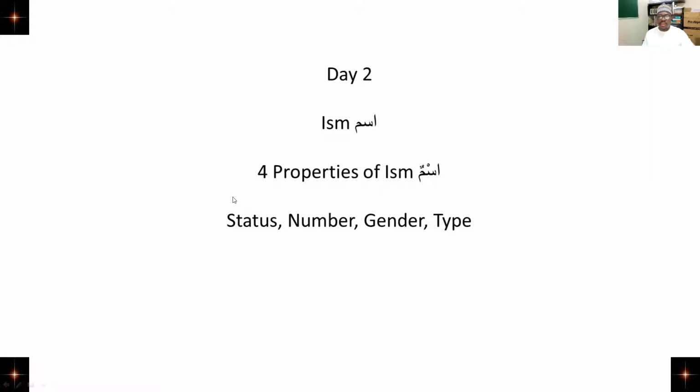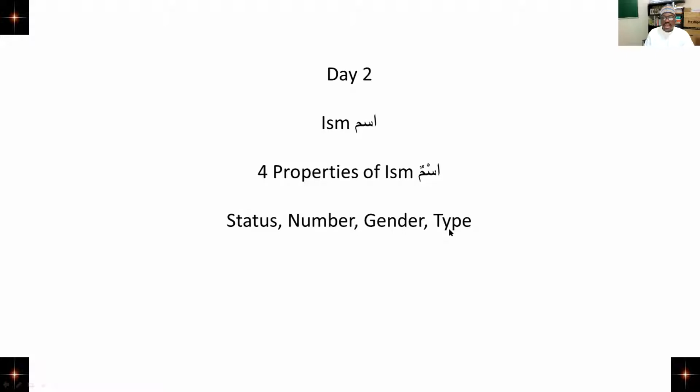So the properties of the human body are the head, the legs, the arms, right? These are the physical things that make us human. So with ism, these are the properties that make you identify it. These are its identification parameters.